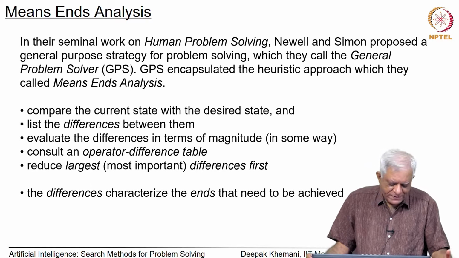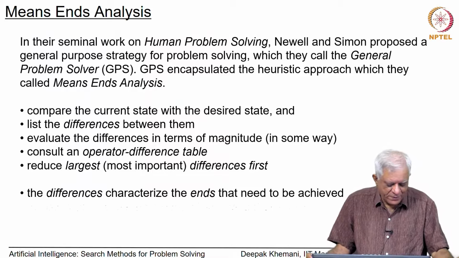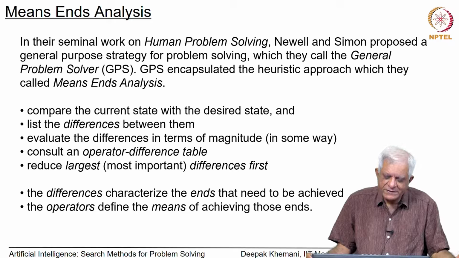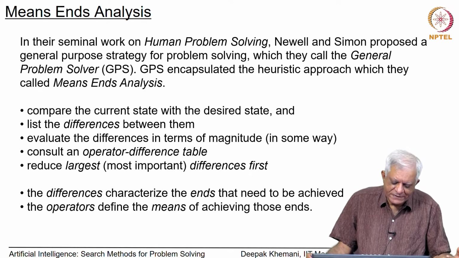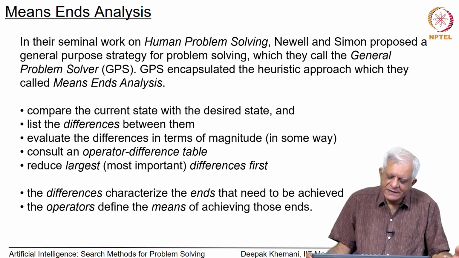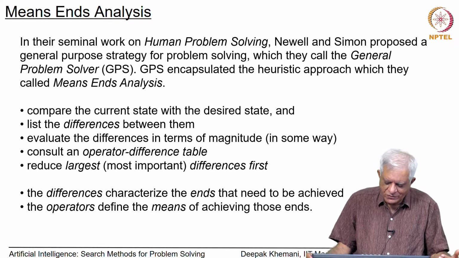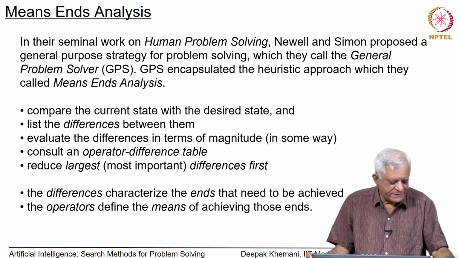The differences characterize the ends that need to be achieved by the planner, and the operators define the means of achieving those ends. So, means-ends analysis says to look at the means available to you, look at the ends that you want to achieve, order the differences in some order, and use the means to solve your problem.